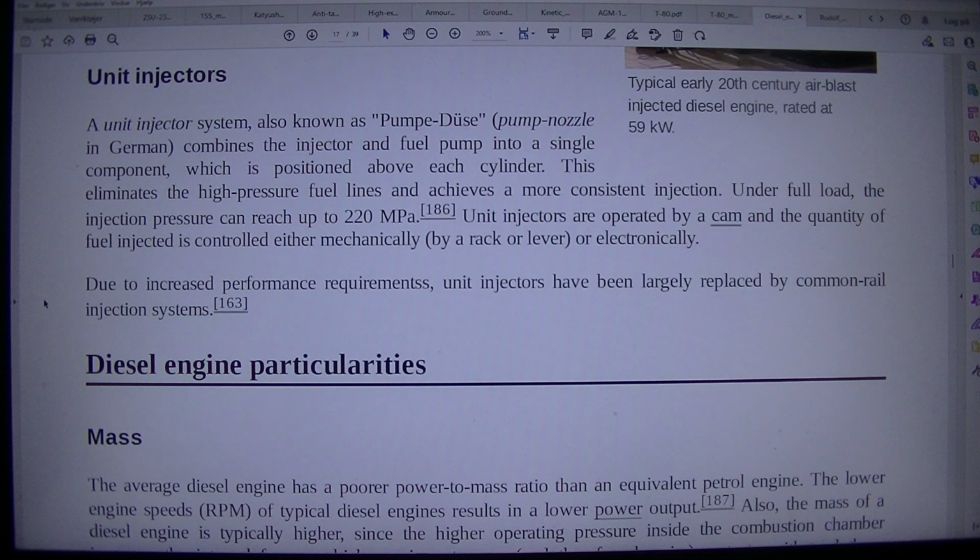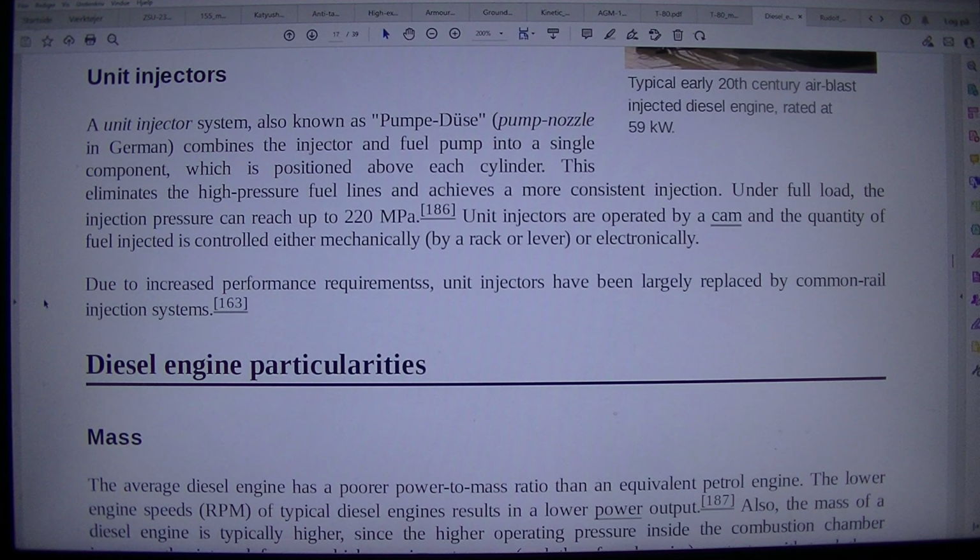Under full load, the injection pressure can reach up to 220 MPa. Unit injectors are operated by a cam and the quantity of fuel injected is controlled either mechanically, by a rack or lever, or electronically. Due to increased performance requirements, unit injectors have been largely replaced by common rail injection systems.